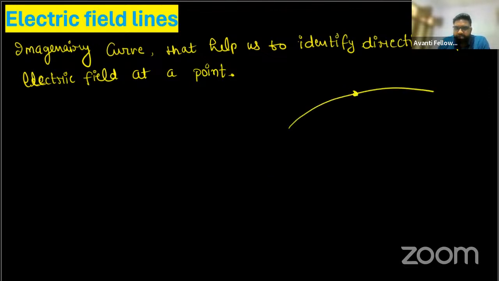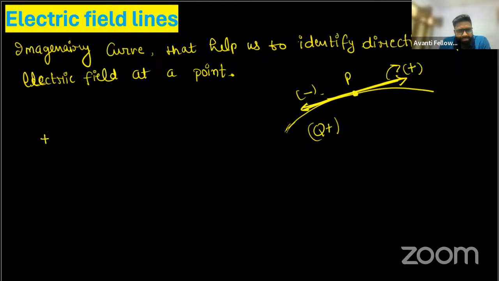So at this particular point P, I want to know what is the direction of force or what is the direction of electric field. So what you have to do, you have to draw a tangent on this point. So there are two directions. Now which one has to be taken? So it will be decided by the type of charge जिसकी वजह से ये field line create हुई. If it is positive, then this direction will be there. If it is negative, then this direction.